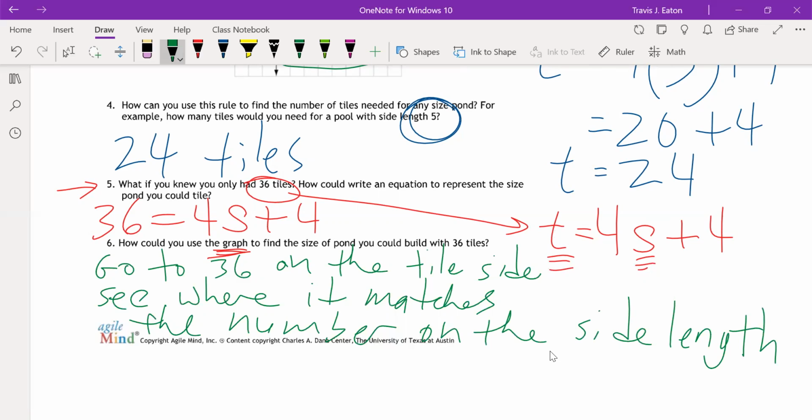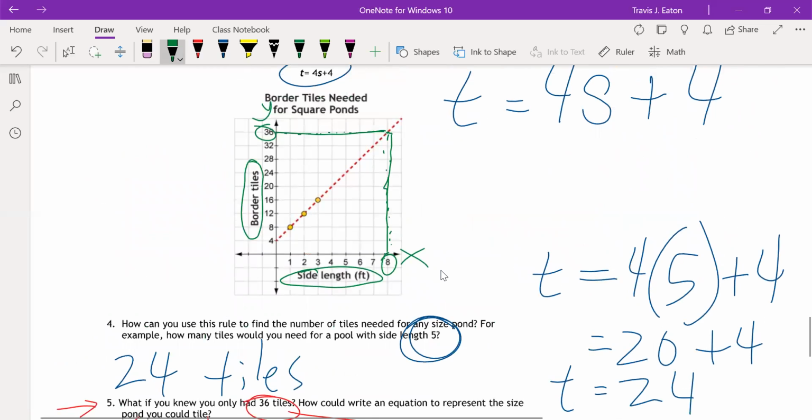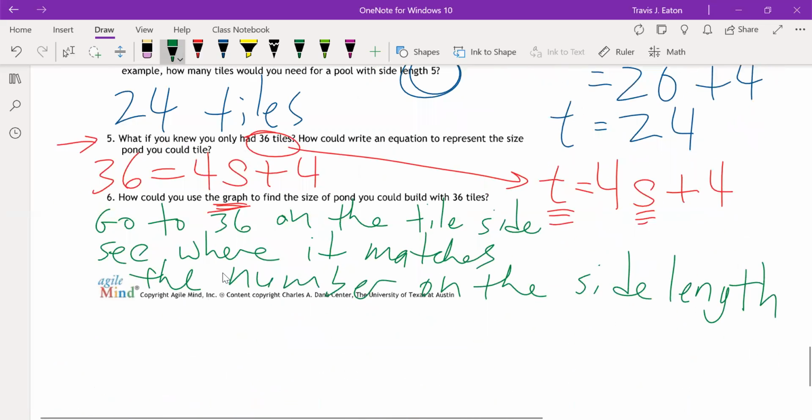Okay, just to make sure that we fully understand that again, I need 36 tiles. So I follow it over horizontally, and when I hit the line, I follow that down until I get to the number of the side length that matches, and in this case, 8. So I could build a pond that has 8 feet on the side.